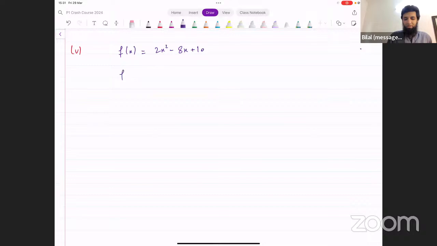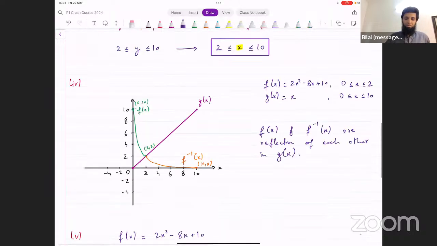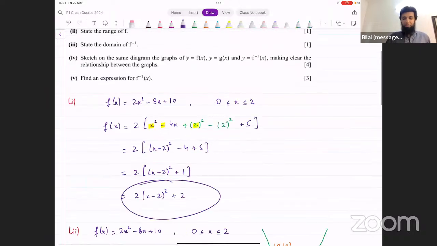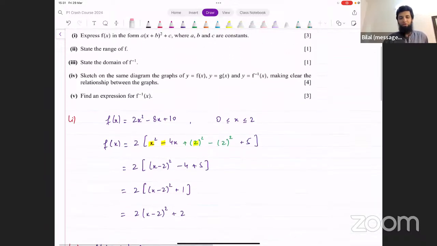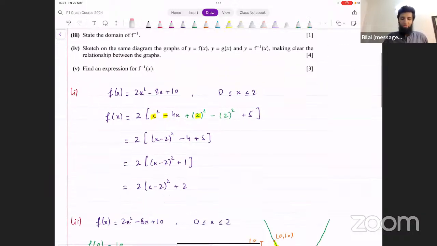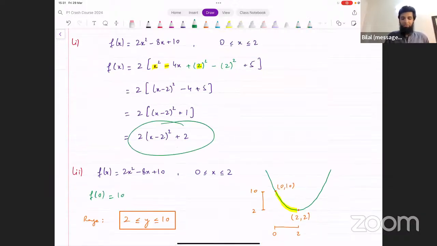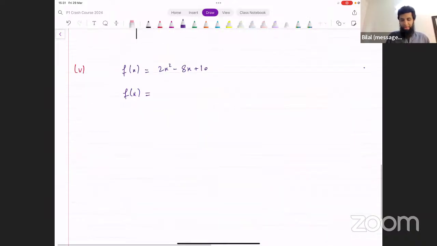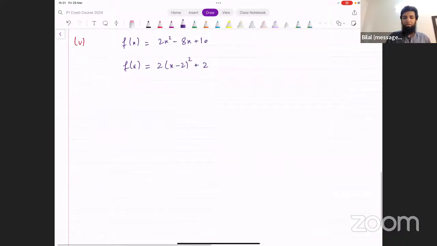Now, what's the completed square form? You've already done that in the first part. If you had not done that in the first part, you would have to do that anyway in the 4th part, and the 5th part, and the last part. But in this case, you've done it already. So you just use that result from the first part, and you would say f of x could be written as 2 into x minus 2 whole squared plus 2.